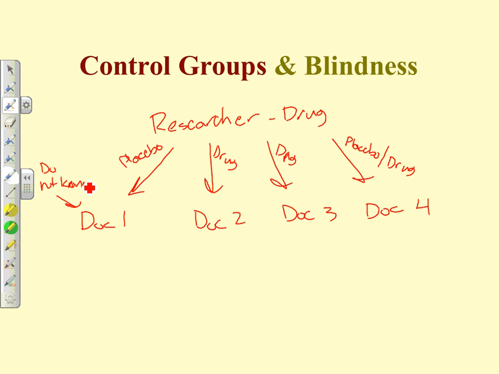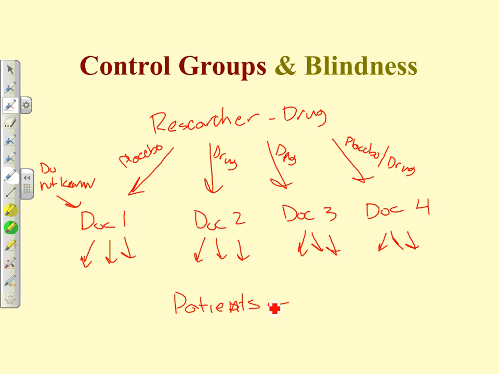So when they give out these pills to their patients, the patients don't know, and the doctors don't know. That's double blind. This one is the first blind. These guys are the second blind.